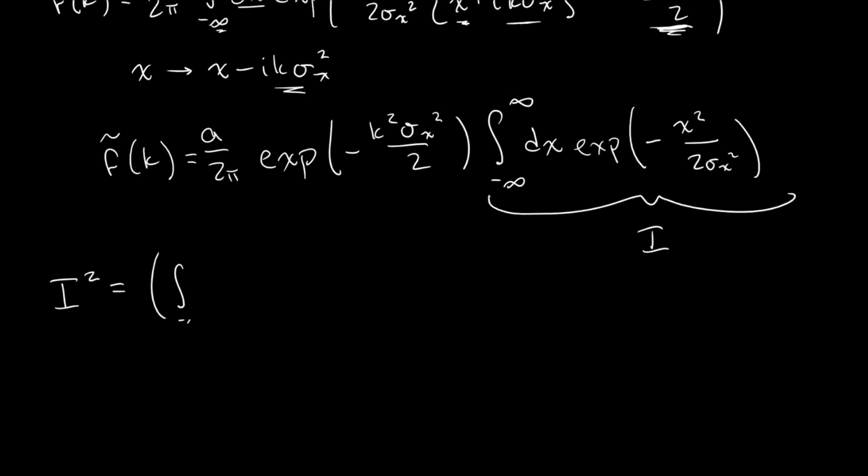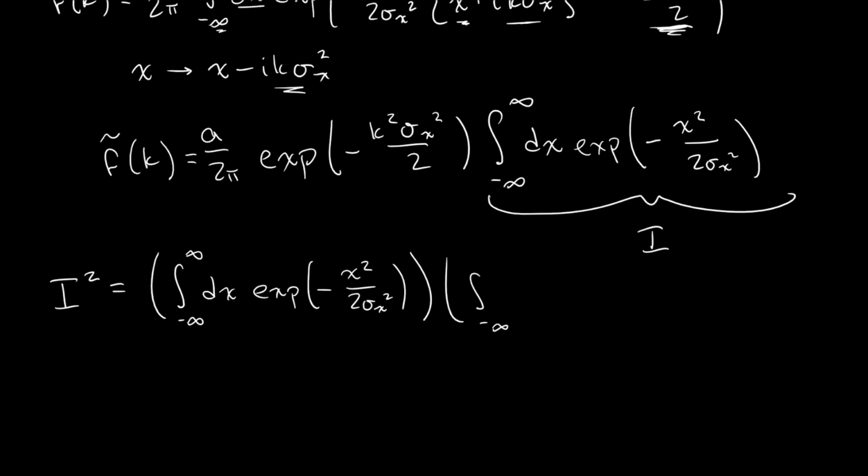So when we square the integral, we get dx, minus x squared over 2 sigma x squared, integral minus infinity to infinity dy, minus y squared over 2 sigma x squared.